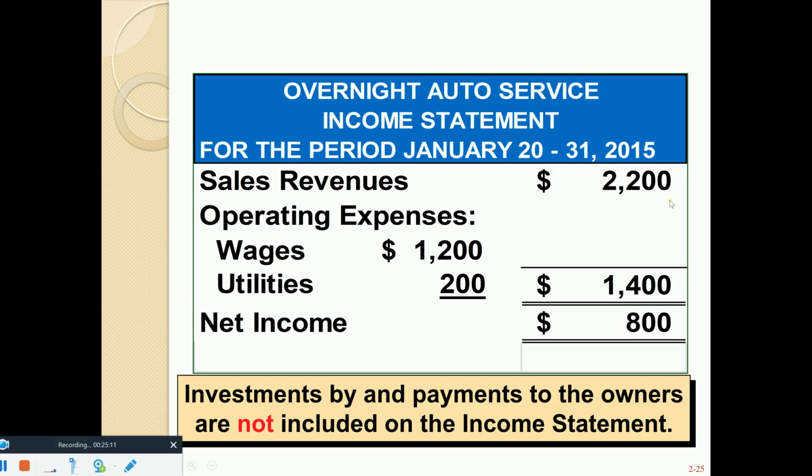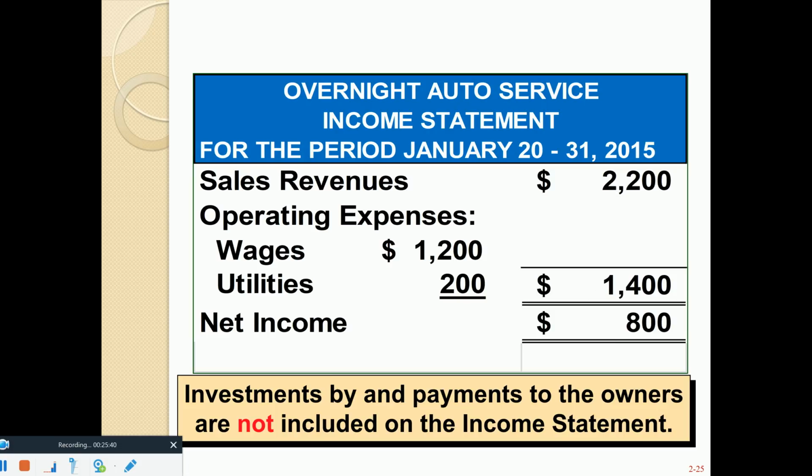The income statement is simply a summary of the revenues minus the expenses. And as we saw on the prior slides, the revenue that was generated for the period was a total of $2,200, and the expenses were a total of $1,400. They are broken down: wages of $1,200 and utilities of $200. They add up to $1,400.